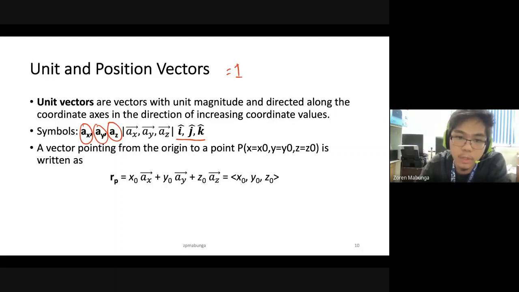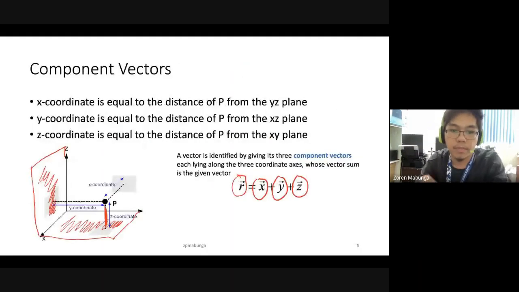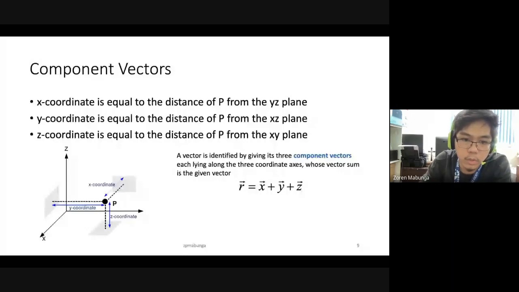Halimbawa, si vector R. Halimbawa, meron kang vector simula dito sa origin, papunta dito kay point P. Itong red.